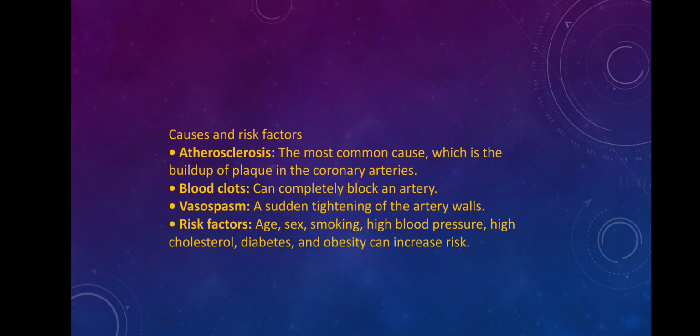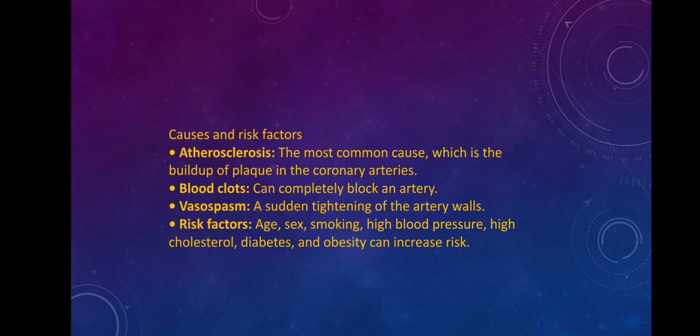What are the risk factors to get this disease? Atherosclerosis, blood clot, vasospasm and other risk factors. Atherosclerosis is the most common cause, which is the buildup of plaque in the coronary arteries.